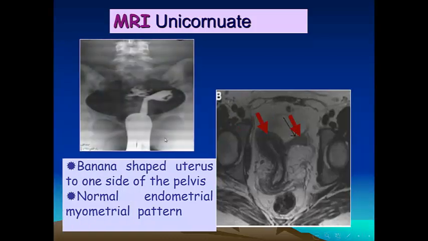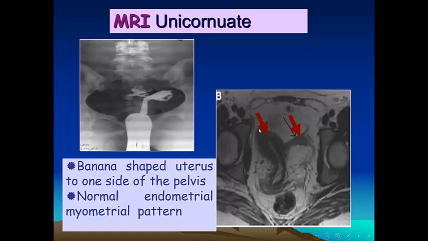And then came the MRI for unicornuate uterus. First, you have to assess if it is truly unicornuate or it is a horn from a didelphys uterus. The unicornuate uterus is usually banana shaped, as we see on MRI. Here, this is a banana shaped uterus. Why is it banana shaped? Because it is a half uterus.